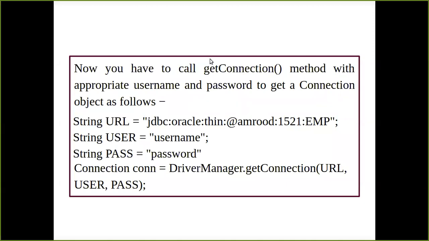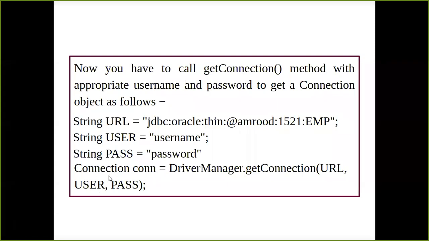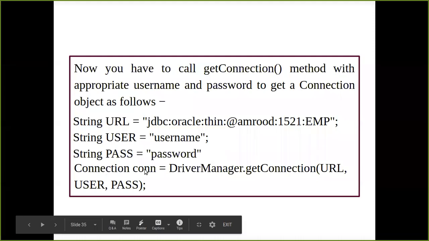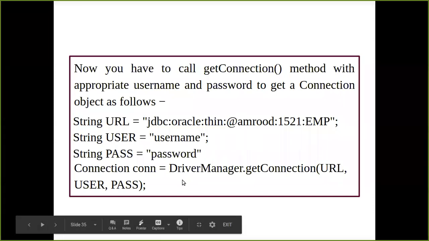Whenever we use a Connection class, this is the format to use it. We write Connection, then the object name, and you can give any object name over here. So Connection, the object name, equals, considering that the JDBC driver we have registered inside Class.forName is already listed in my DriverManager.